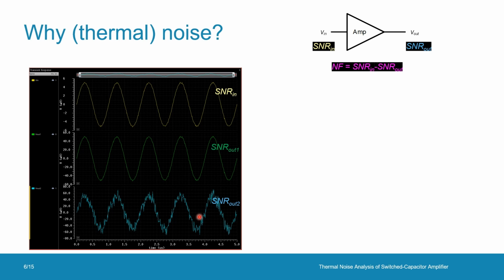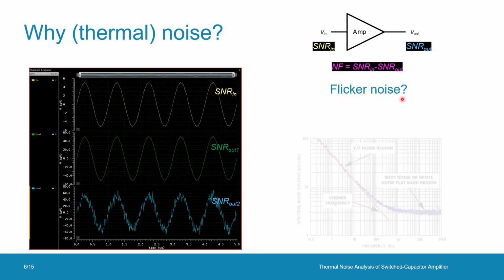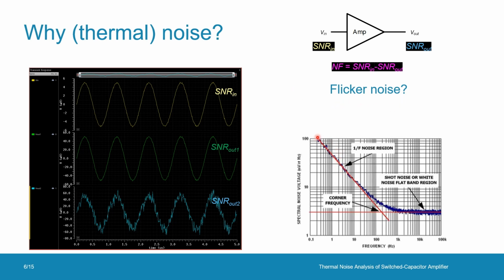Okay, then why thermal noise? I mean, why not flicker noise, because it's another major noise source in CMOS circuits? Well, flicker noise is actually something quite manageable. You can use a bunch of tricks to partially mitigate or even completely remove it.